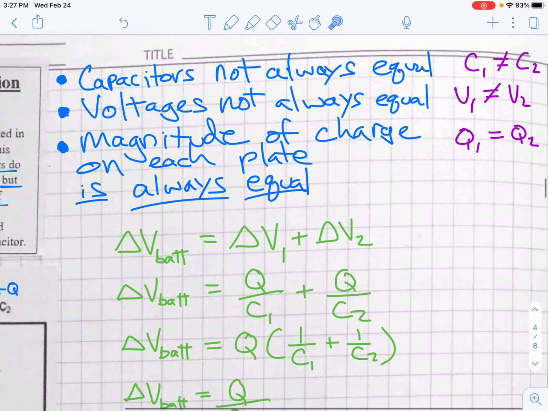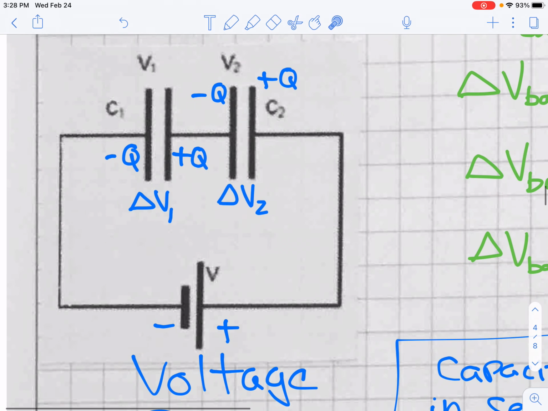So the voltages here, if you're going to start, let's call the negative side of this battery 0 volts. And this side of the battery is at 9 volts. If I go around the circuit, I'm going to jump some voltage here, and I'm going to jump some voltage here. But what I do know is that this side is going to be at 0 volts because it's connected straight to the battery.